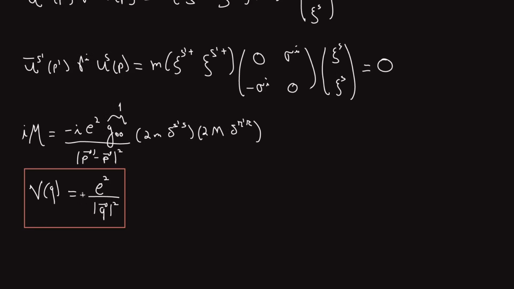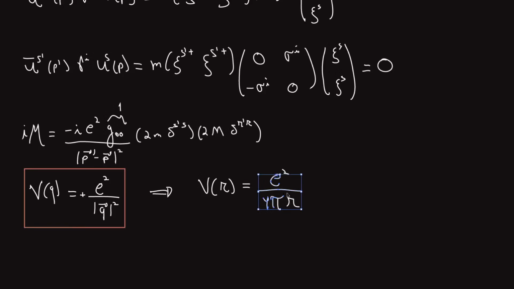Which indicates that we will have a repulsive potential. In fact, if you take the Fourier transform of this, you get a very well-known potential, right? Which is just e squared over 4 pi r, which is the Coulomb potential, right?